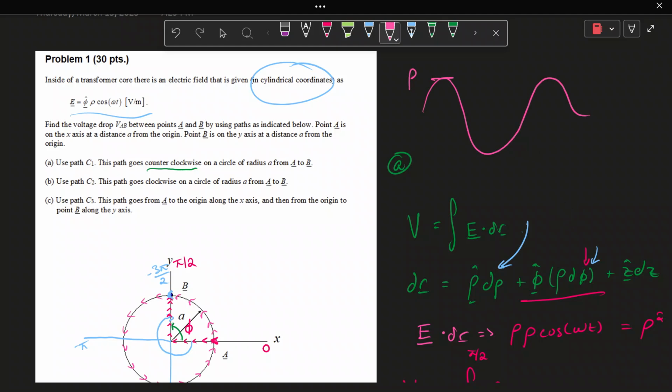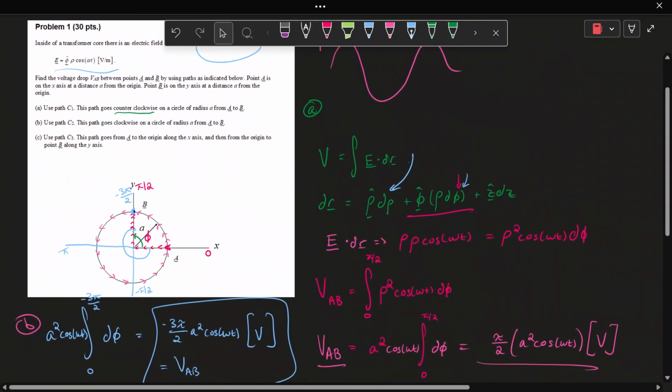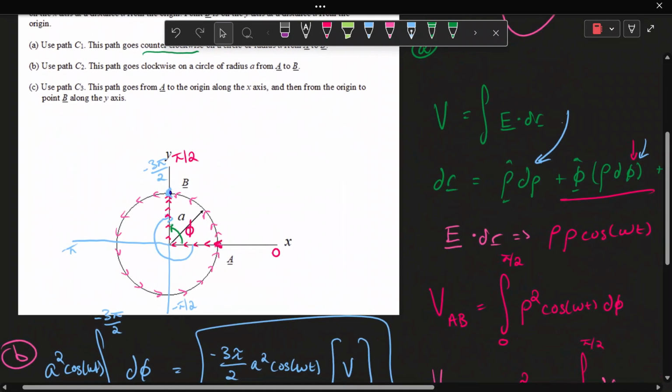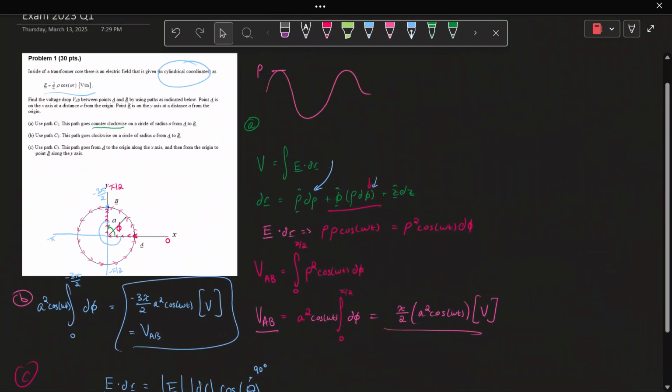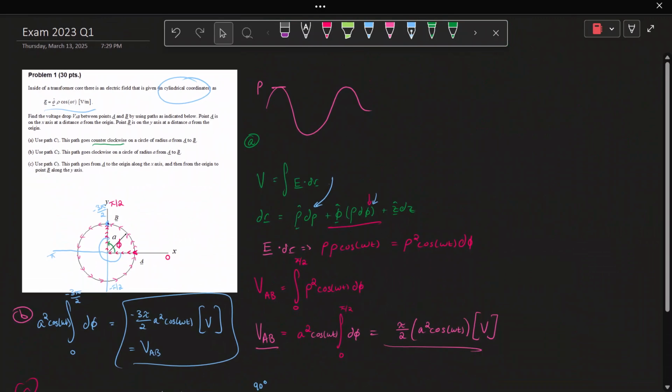It's telling us the electric field is a circle with radius rho. So in this specific problem, we know the electric field vector is perpendicular to the path that we chose. So it's 0. Hopefully that explanation was okay.